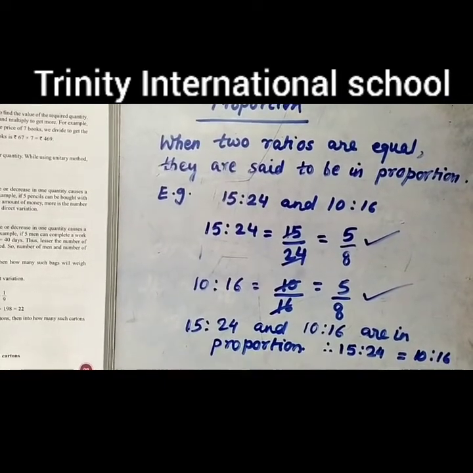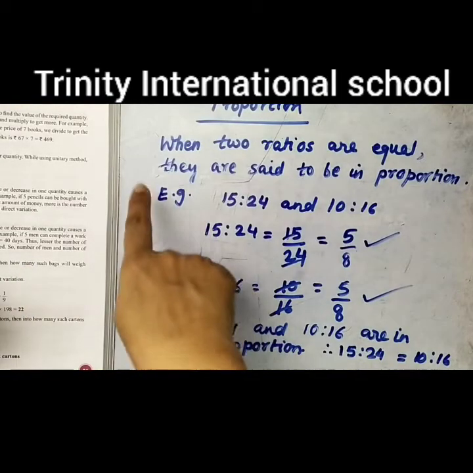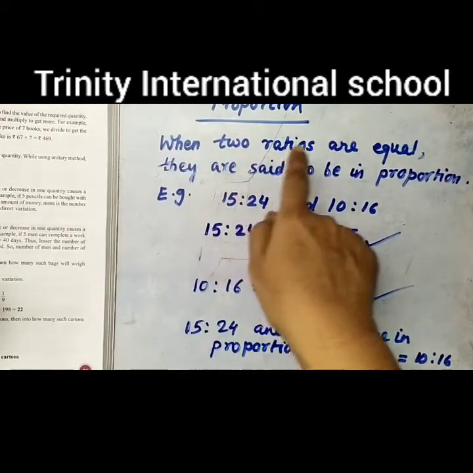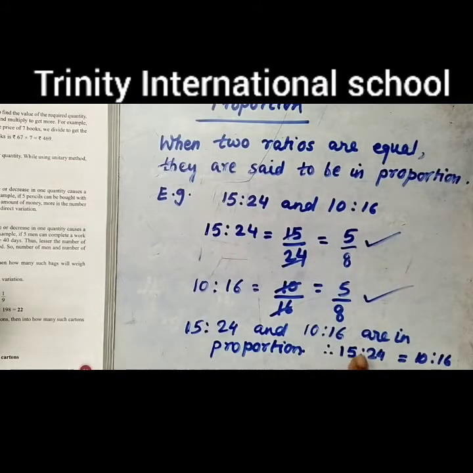The statement implies that when two ratios are equal, they are said to be in proportion. Okay, so this way we have to prove proportionality. In proportionality, it is necessary for both ratios to be equal.